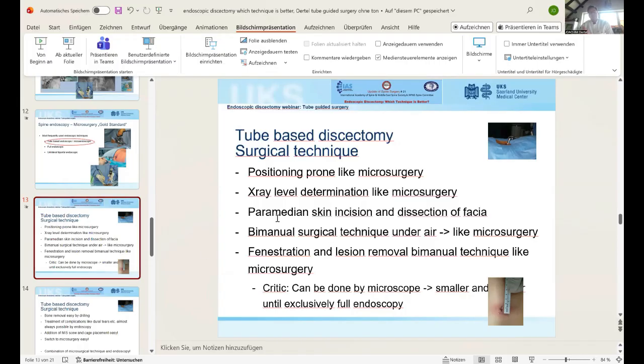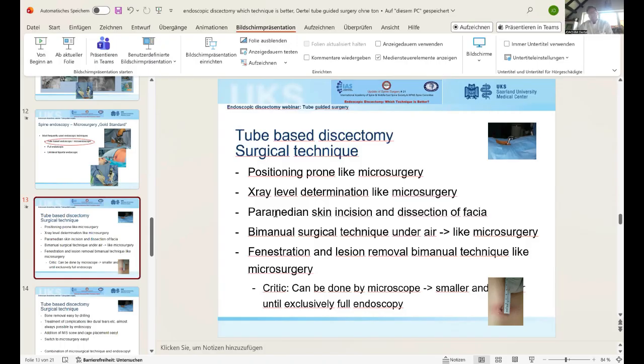We go lateral because we want to do a transmuscular approach and dissection of fascia. And I think this is also very important to have a transmuscular approach when you want to do contralateral decompression. There was a question in the discussion about contralateral decompression, and I have a video later on the endoscopic spinal canal stenosis procedure. You see that the more lateral you go, the easier it is to do the undercutting.